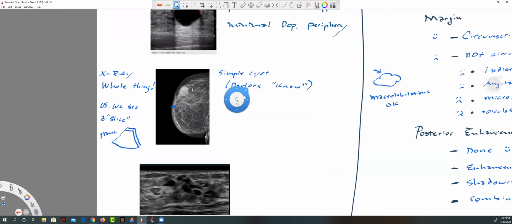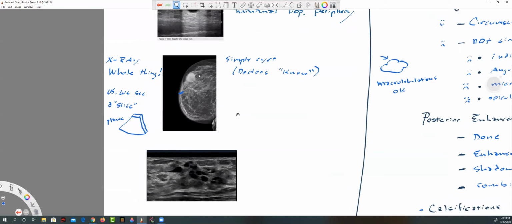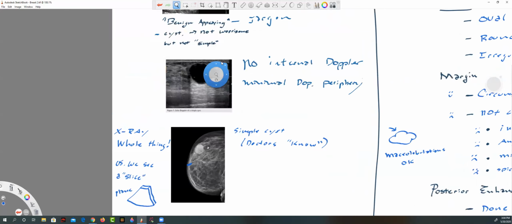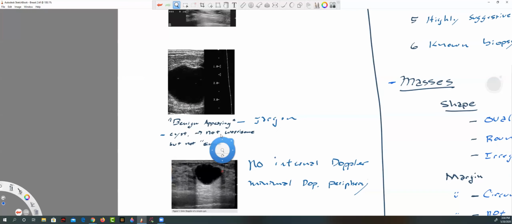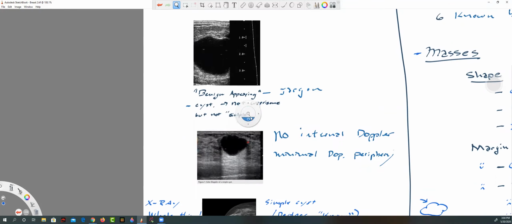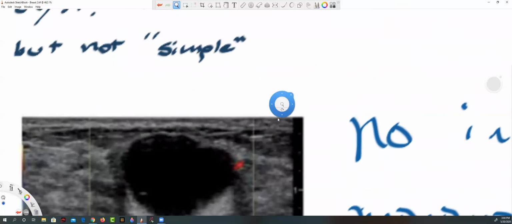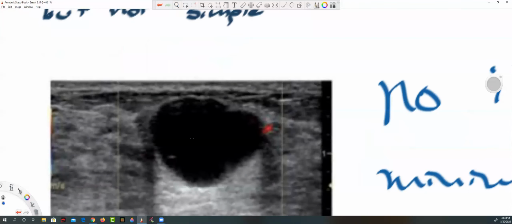Simple cyst. Doctors know it's a simple cyst, but they're still going to send it our way. We've already looked at some others that weren't quite simple, but this one is simple.